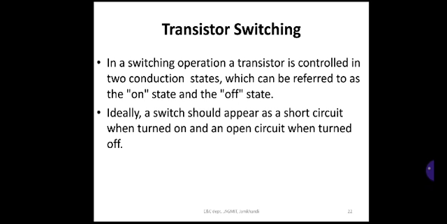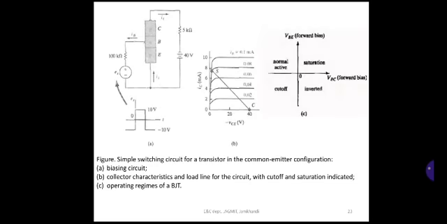The two states of a transistor in switching can be seen in a simple common emitter example. This figure shows a simple switching circuit for a transistor in the common emitter configuration. Figure A shows the biasing circuit along with the waveform, with a positive half cycle and a negative half cycle applied as input to the base.